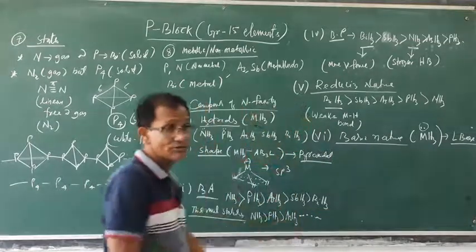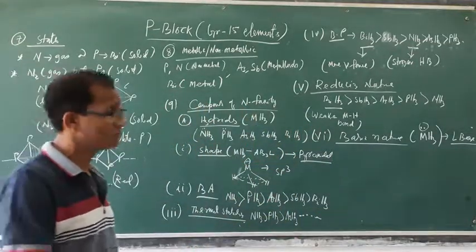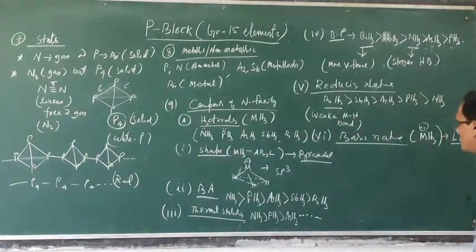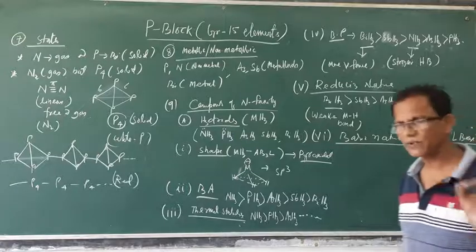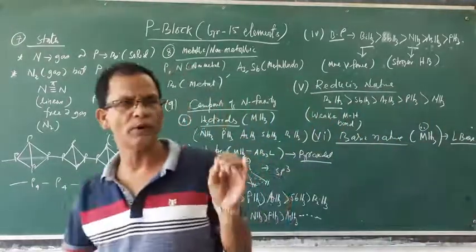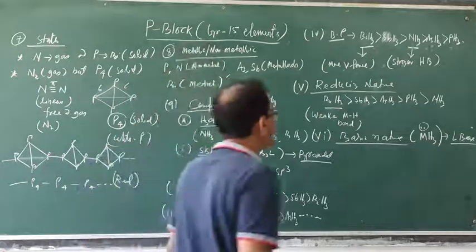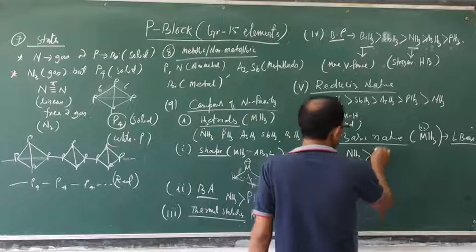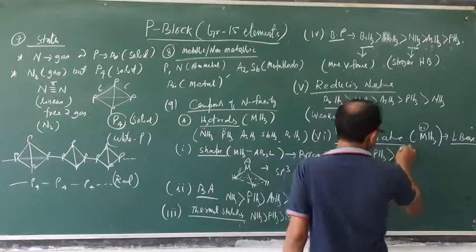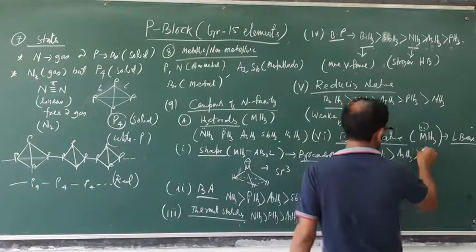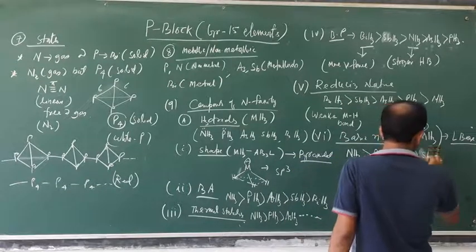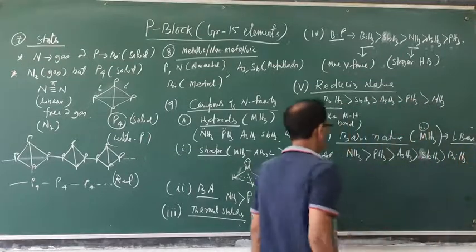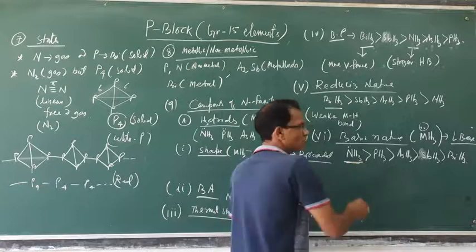Now, what about the basic character comparison, how they differ from one another? The basic character mainly depends upon size. If size is smaller, basic character will be greater. So most basic is ammonia, then phosphine, then arsine, then stibine, then bismuthine. Why is ammonia a stronger base?